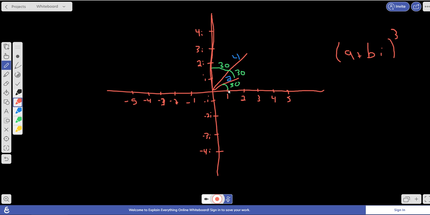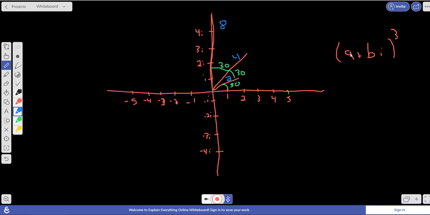Right, because we've gone 90 degrees. We had an initial 30, and then we raise it to the 3rd power, which means basically 3 times 30 here. Now, as far as the distance from the origin, we started with a 2, and then we raised this to the third power. We should now have an 8.